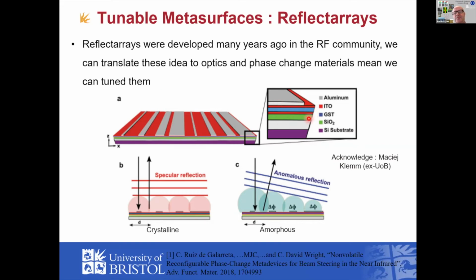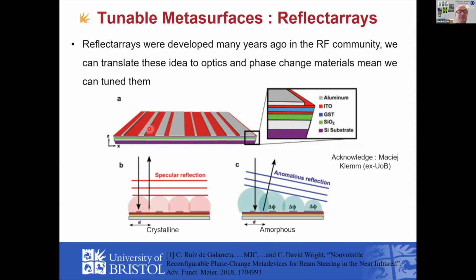Here you can see again we've got this layer of chalcogenide glass, and this is the level of detail you need if you're going to make one of these structures. You need to coat the glass in indium tin oxide. We've got a silica layer here, then a silicon substrate at the bottom, and here's our second metal layer, aluminium, on the top.